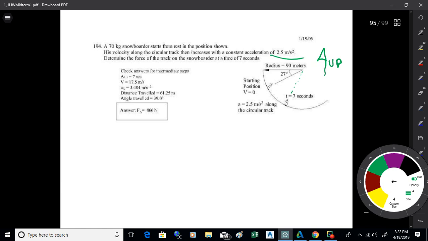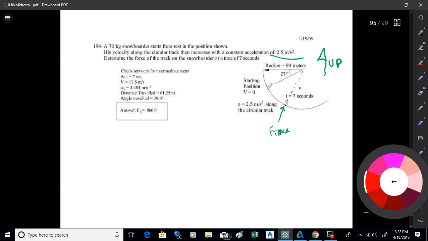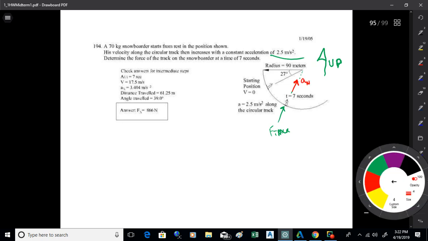See, the angle that we're at matters because that's going to affect the whole free body diagram here. I mean, you're going to have the force of the track doing that. What else do we got going on here? We got a little bit of normal acceleration doing that. If the snowboarder is going in a circle, we're going to have a situation kind of like this when we get down there, and it's going to be very much dependent on the angles.